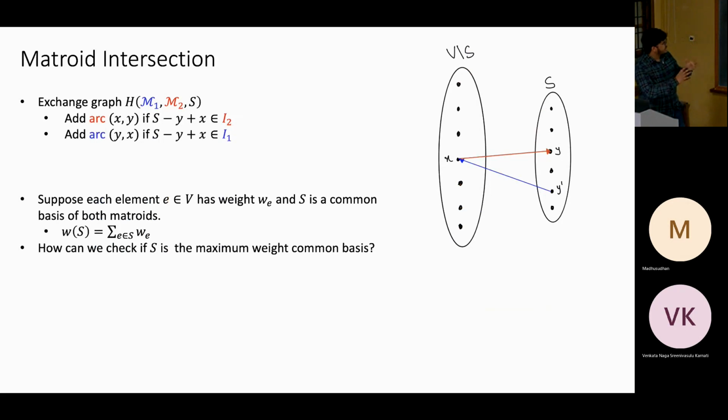How can I certify or check that S is the maximum weight common basis? Let's put weight Wx minus Wy on only the forward edges, and let's put weight 0 on the backward edges.